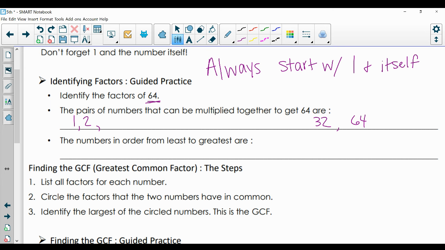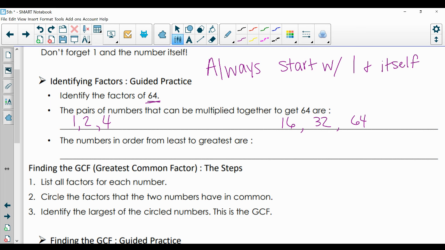Do you get a whole number? What do you get? You get a number in a decimal, right? So that's not going to work. So 3 won't work, so then I move to 4. So 4 times what equals 64? 16. So 4 times 16.